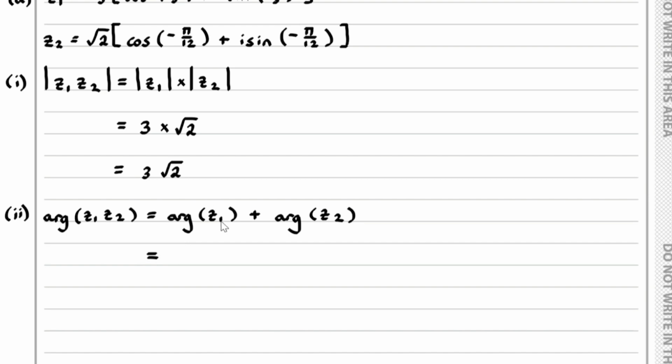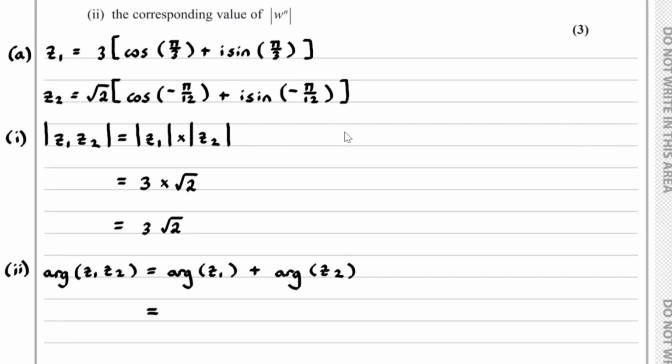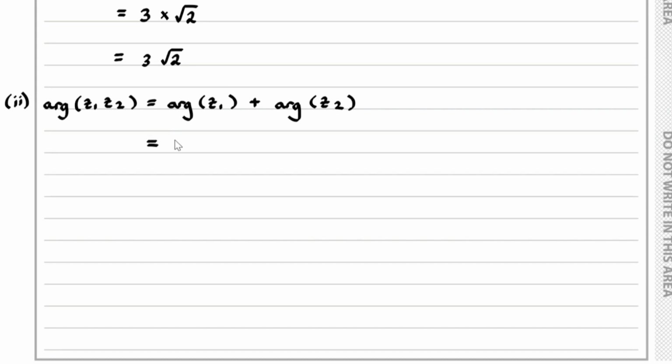The argument of z1 we know is pi over 3. The argument of z2, that's minus pi over 12. And so the argument of z1 z2 is equal to pi over 4.